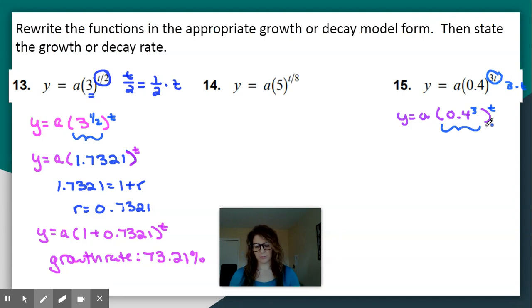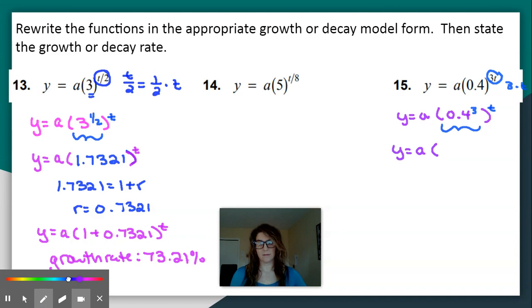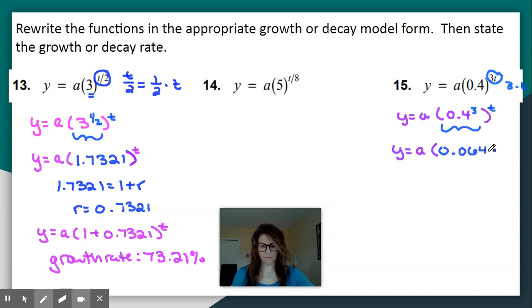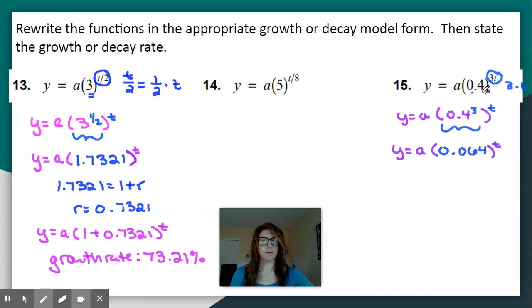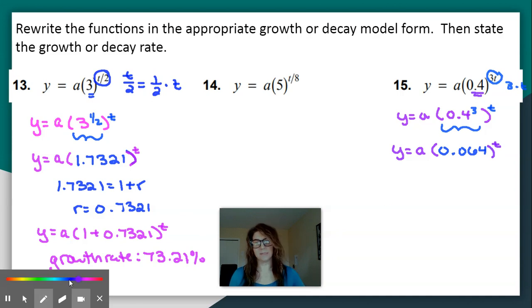Again, I'm going to put this in my calculator, and that gets me y equals a times 0.064. There is nothing after that. To the t power.